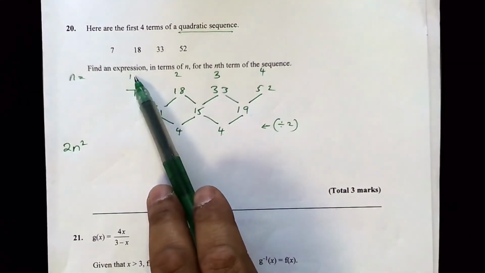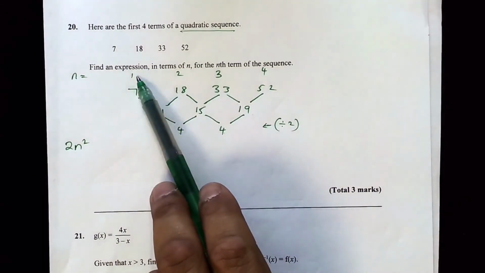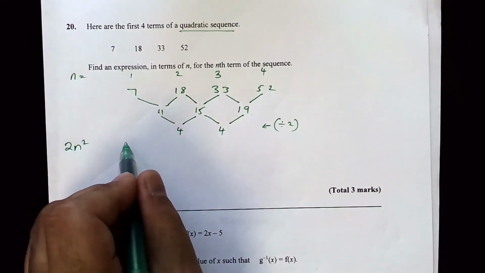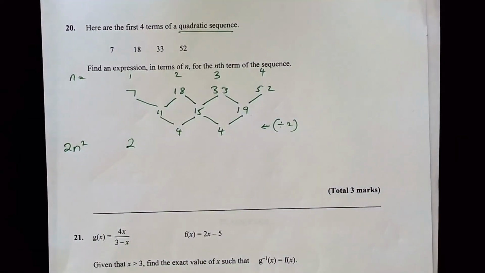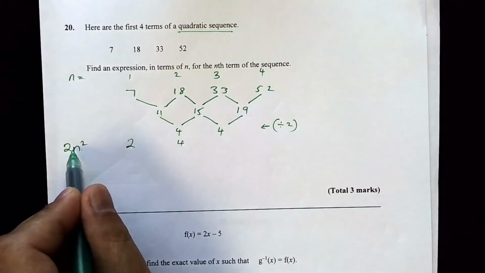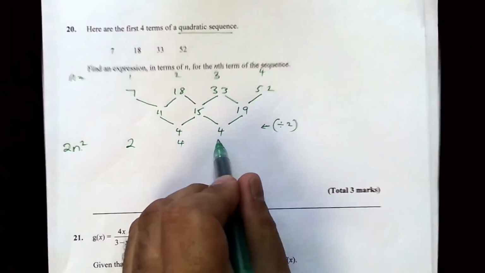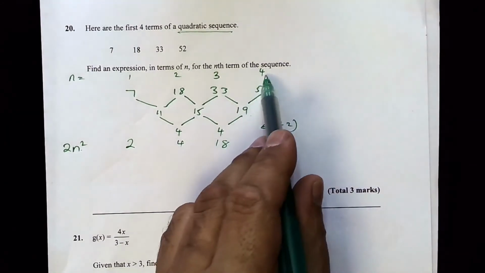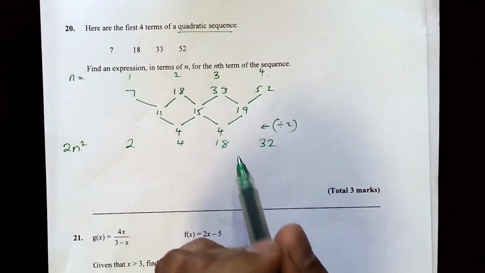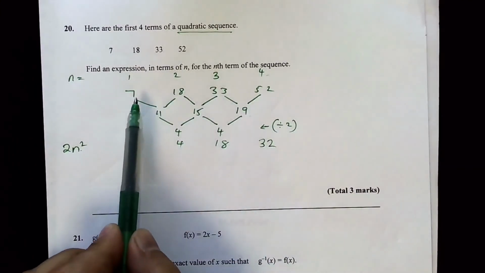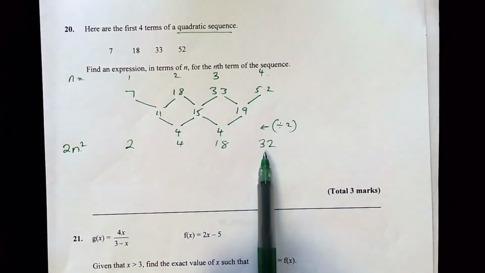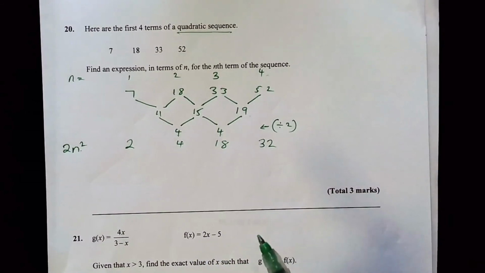If I substitute this into the sequence, when n equals 1, 2n squared is 1 squared times 2, which is 2. 2 squared is 4 times 2 gives me 8. 3 squared is 9 times 2 is 18, and 4 squared is 16, times 2 gives me 32. Look at the way that I've set this out. I've made sure that my term numbers are level, which will make it a lot easier when it comes to my working out.